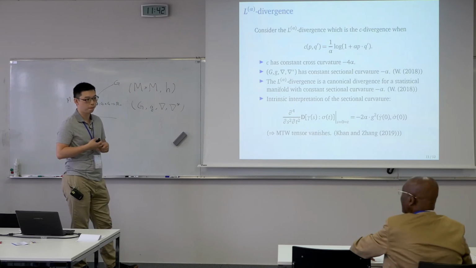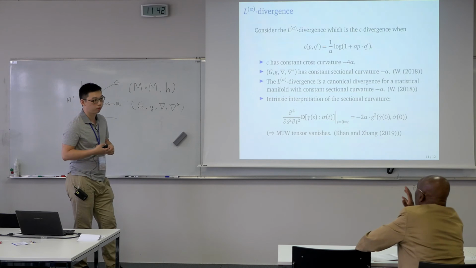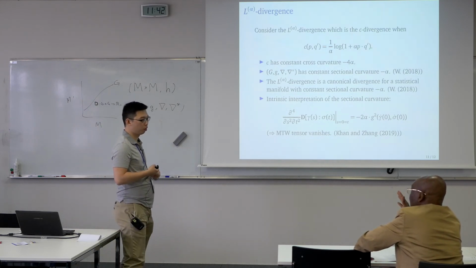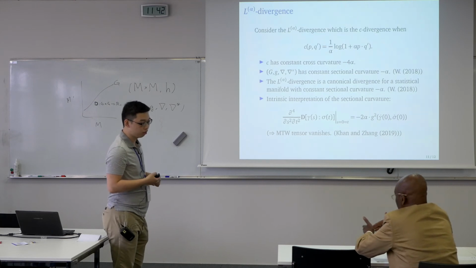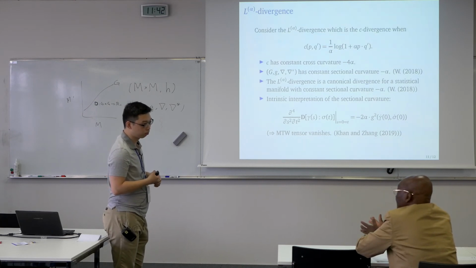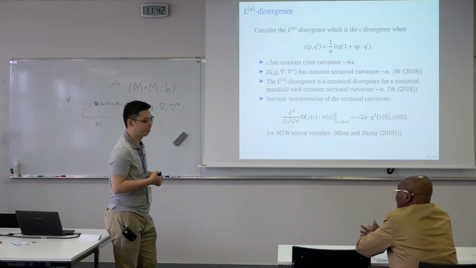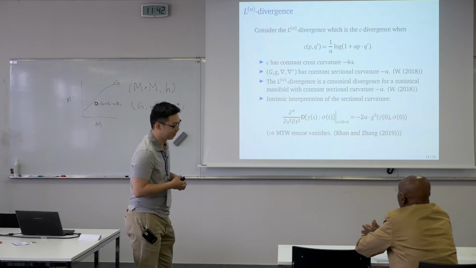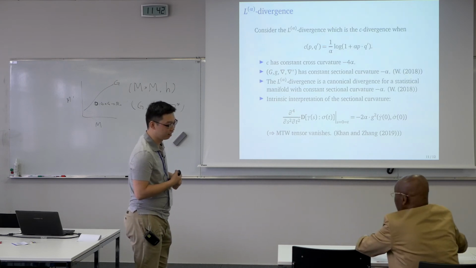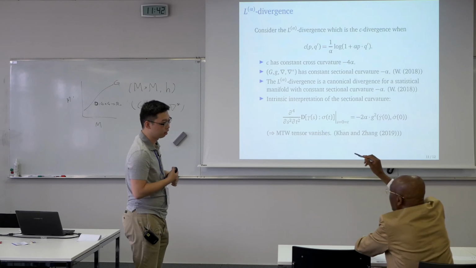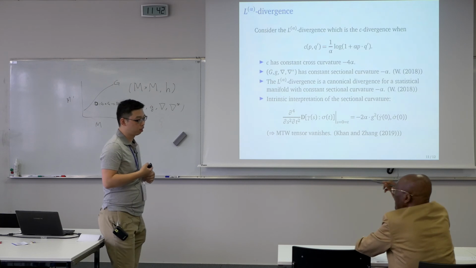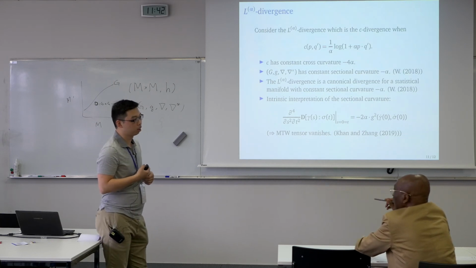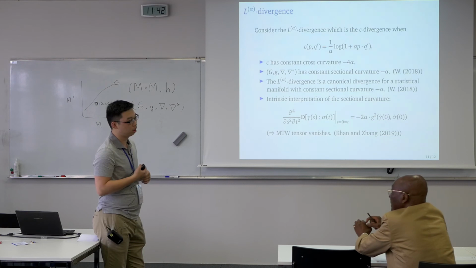Question. When you have a divergence function defined on the product space, we take the diagonal, and you have a local symplectic structure.